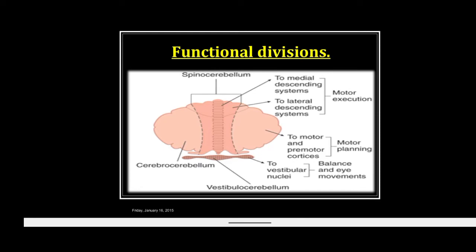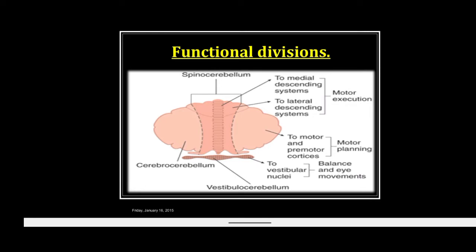The medial descending system, that is the vestibulospinal and reticulospinal tracts, is responsible for axial, that is trunk, axial and limb muscle and postural reflexes. The lateral descending system consists of the corticospinal tracts, and these are responsible for motor execution.